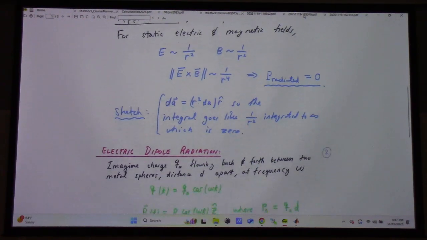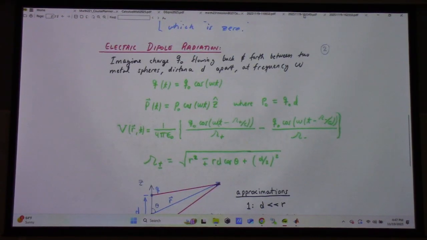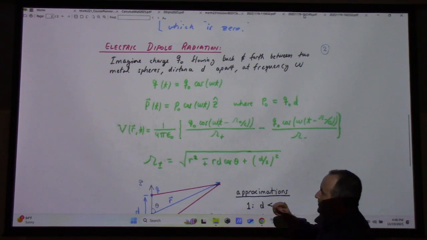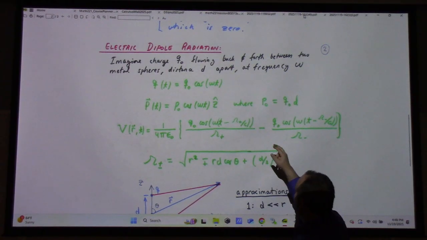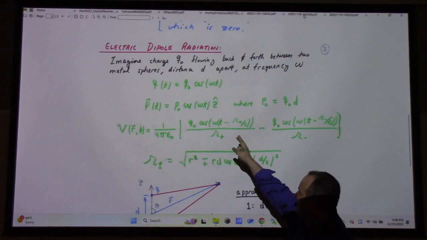Now, the next thing he looks at is the electric dipole radiation. For electric dipole radiation, he imagines a charge q naught flowing back and forth between two metal spheres a distance d apart with frequency omega. That's an acceleration of charge. And so that gives us a dipole moment of p naught cosine omega t, z hat.